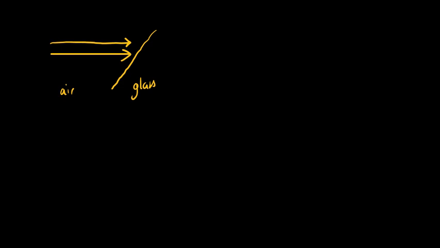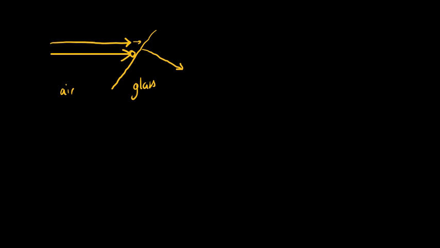Okay, so hopefully you've done that, and you are aware that this metaphorical wheel, if you like, or this part of light will slow down, this part of the light will continue to travel at the same speed, and so the refraction will occur downwards in this direction.